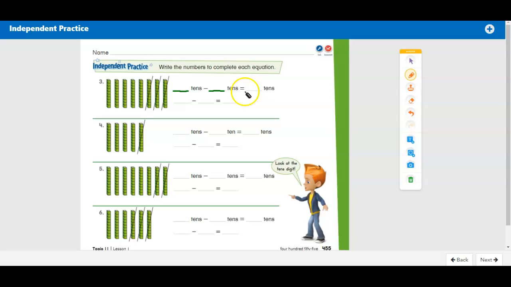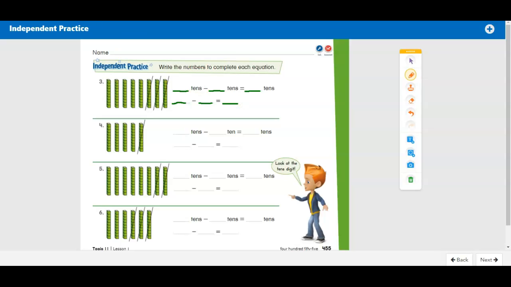Subtract and write your answer. Then you will write how many tens represent the whole number. You will write your answers in these blanks below.